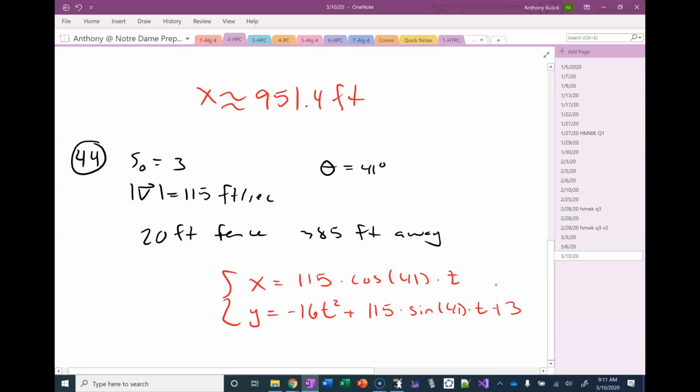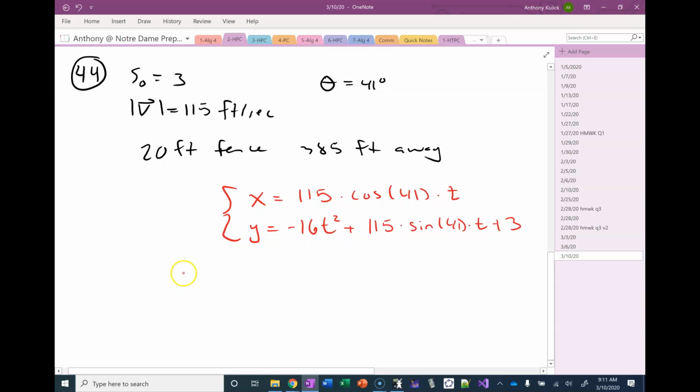In part B, it says, if no fence or other obstacles were present, find the distance the ball would travel when it first hits the ground. So what I'm going to do is take the equation for y, solve that to find the value for t, and then plug t into the x equation to find how far.